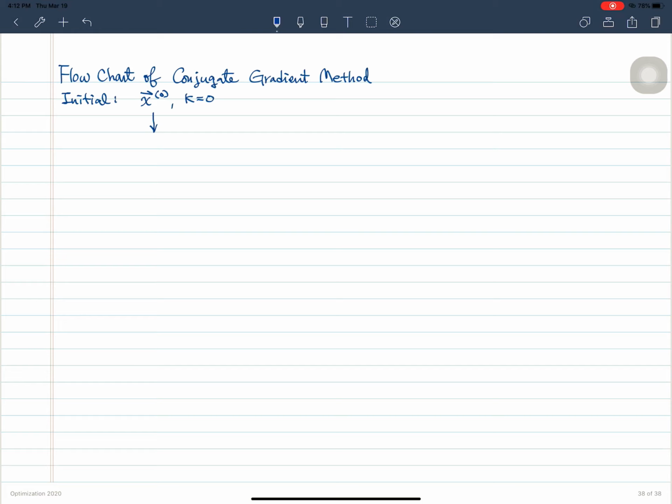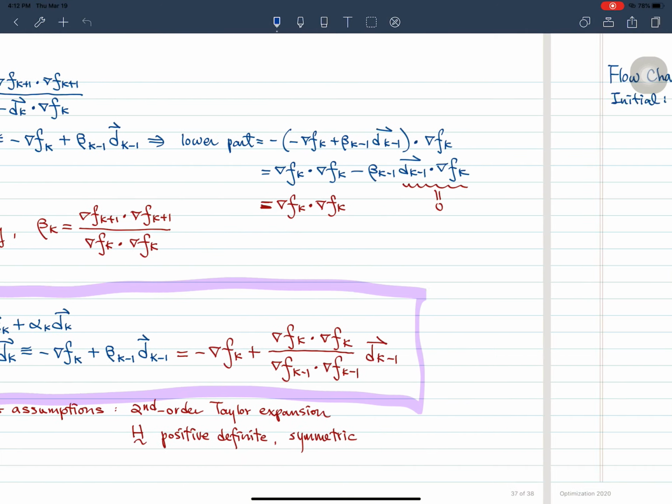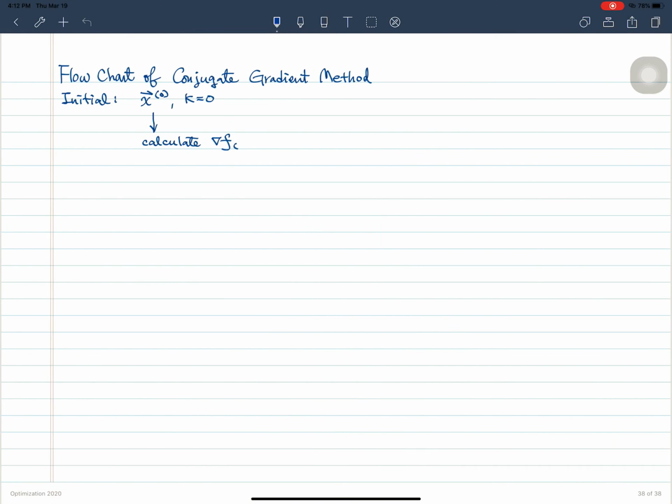So we need to evaluate the gradient at k. Let me make this the same format.